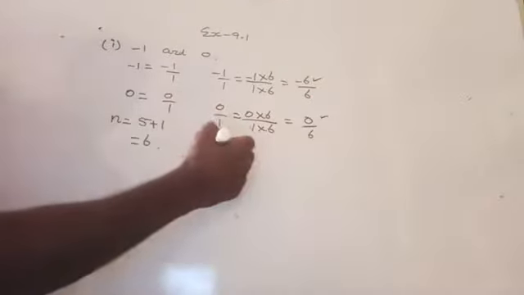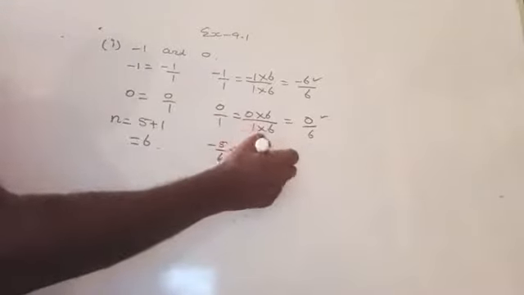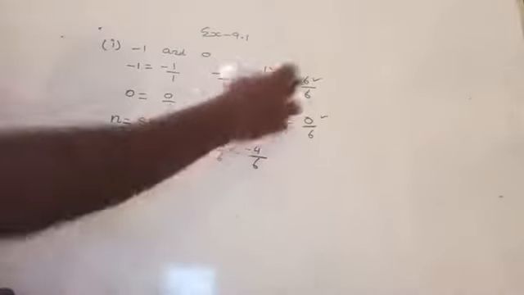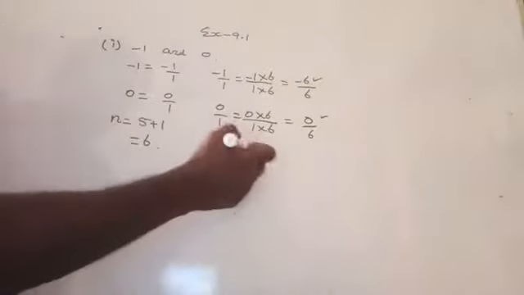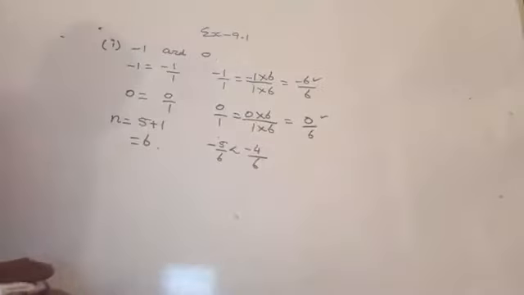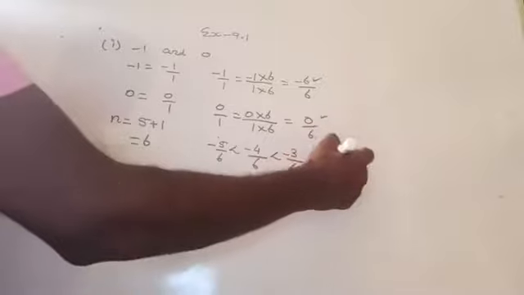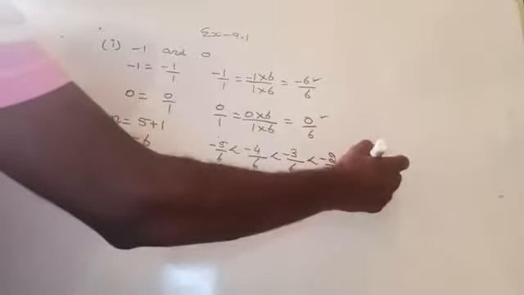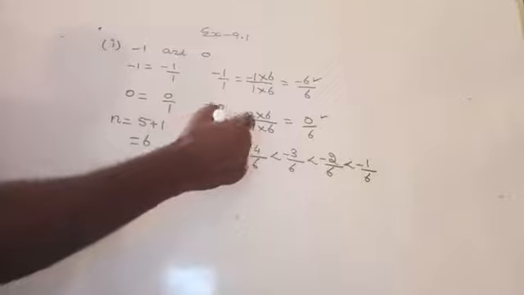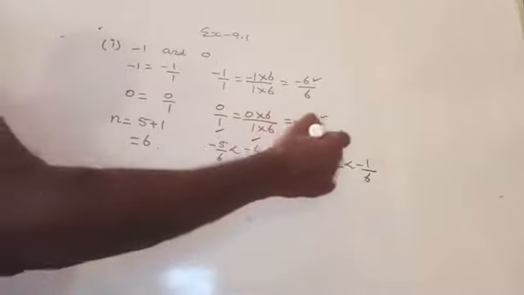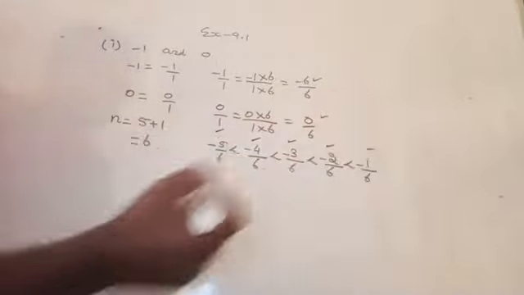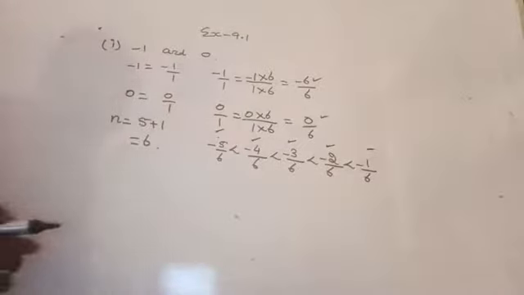That means minus 5 by 6, minus 4 by 6, minus 3 by 6, minus 2 by 6, minus 1 by 6. Now we found 5 rational numbers between minus 6 by 6 and 0 by 6. Minus 6 by 6 is nothing but minus 1, and 0 by 6 is nothing but 0. Are you getting here? Yes.